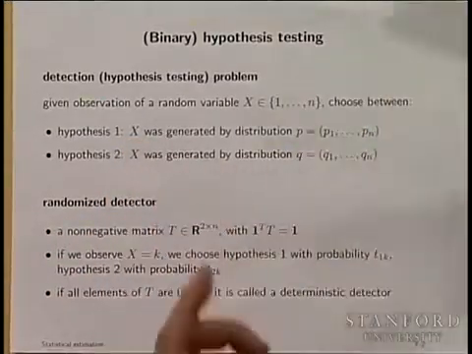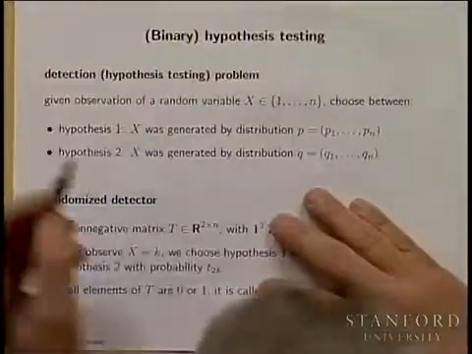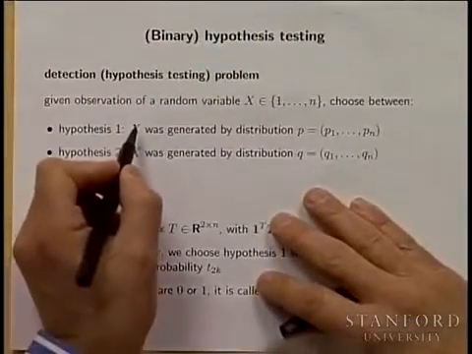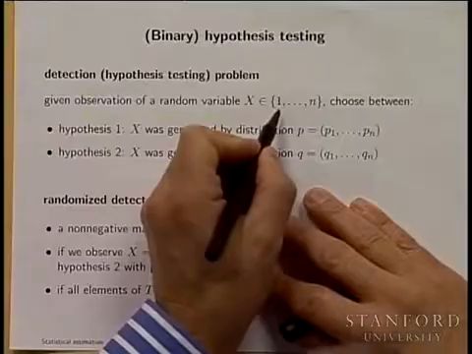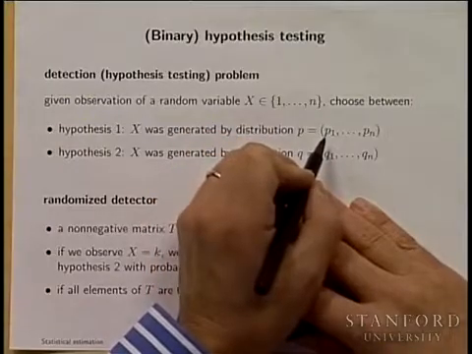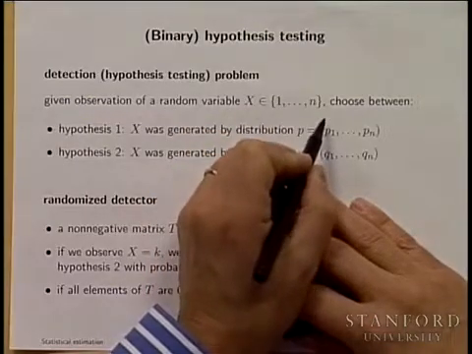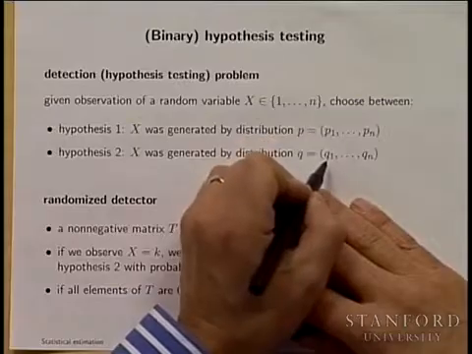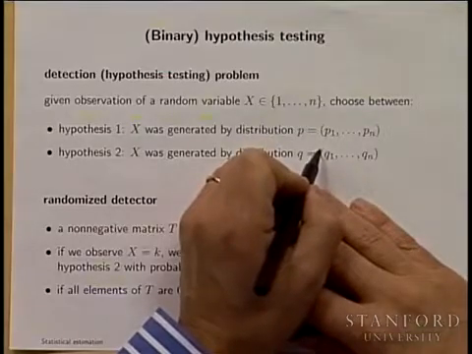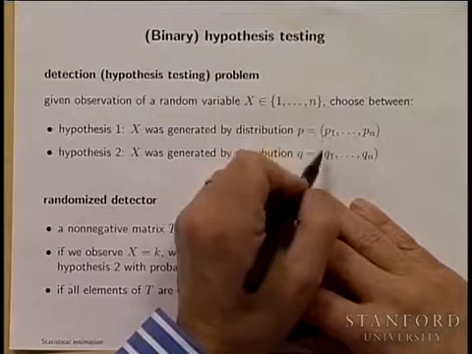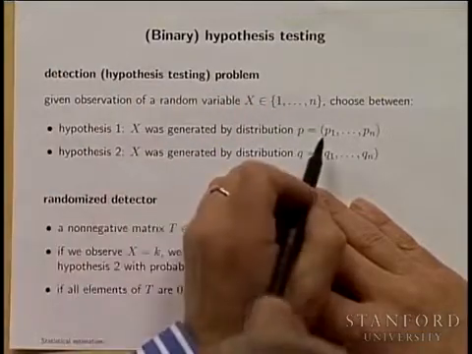Now, of course, this could be very easy. For example, if x turns out to be 1, and p1 is 0.9, and q1 is 0.002, then it's just intuitively clear.